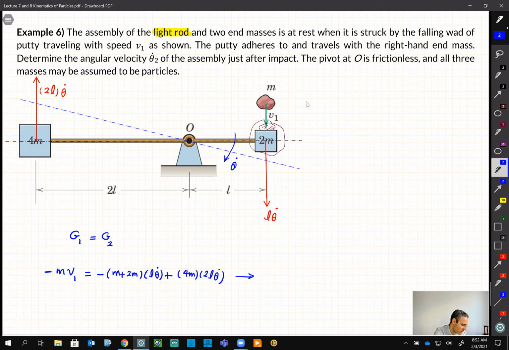What the question asked, I forgot. So V1, so yeah, we can find theta dot. So we assume that V1 is given. Because it says it's traveling with the speed V1, let's say the question gives us the value for V1, the value for M, then from here we can find theta dot.